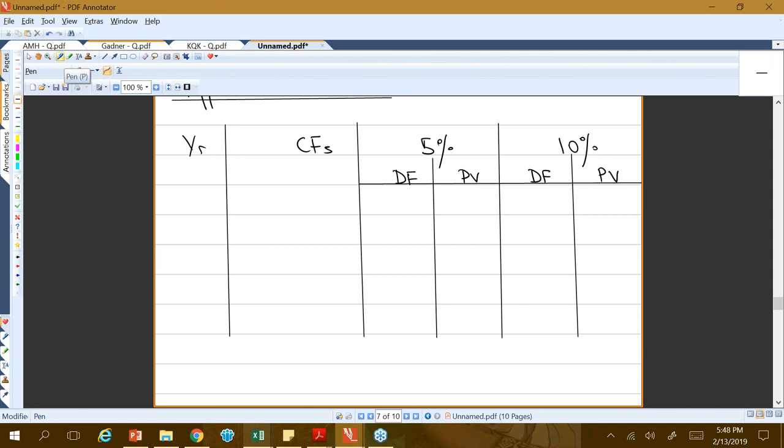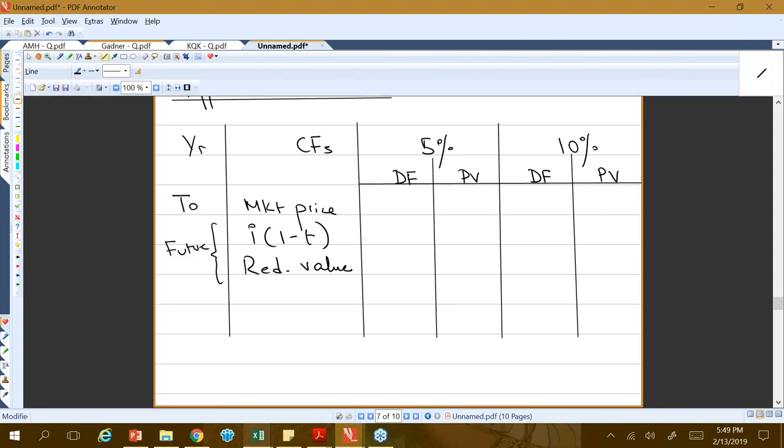In terms of the cash flows or the items which will come here, we'll have the market price, we'll have the interest times (1-T), and we will have the redemption value. So market price, interest (1-T), and the redemption value. We'll put the years. So this will be T0 now, and these both will be in the future. We'll put the cash flows in, we'll discount them, and we'll find their present values.